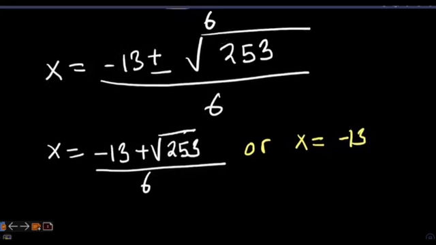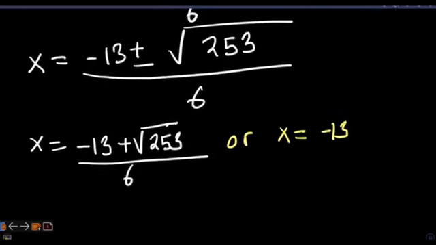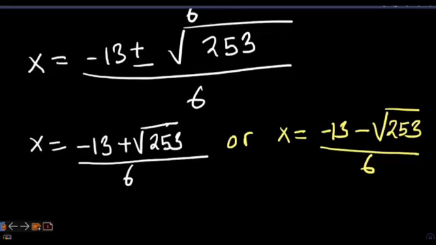I hope that you are moving together. Here you had plus or minus, so I've used the plus in the first one, and in the second one I'll use the minus.